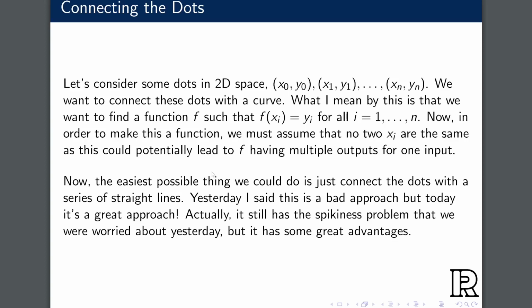These can be thought of as dots, and we want to connect these dots with a curve. Per usual, we want this curve to be a function. So the function is going to take in the input x and output the output y. Now to make this a function, we need to make sure that all of the xi's are different. Otherwise, it wouldn't be a function.